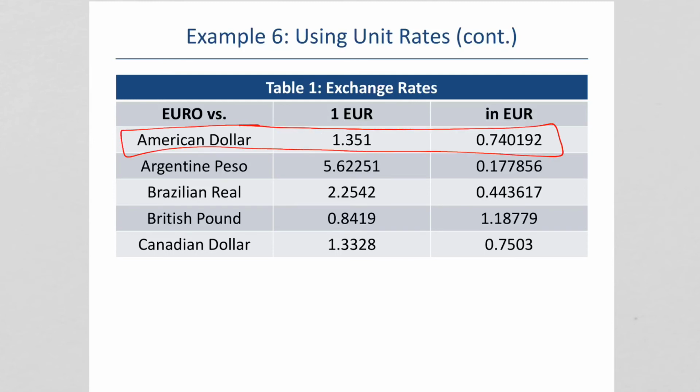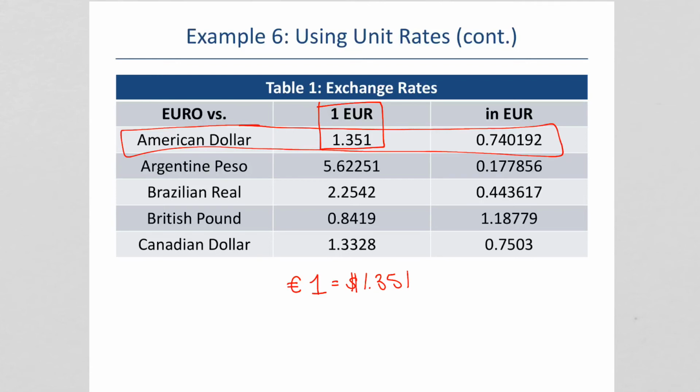And so what this is saying is that 1 euro is equal to 1.351 US dollars. So 1 euro, and the euros look like this, is equal to 1.351 US dollars.